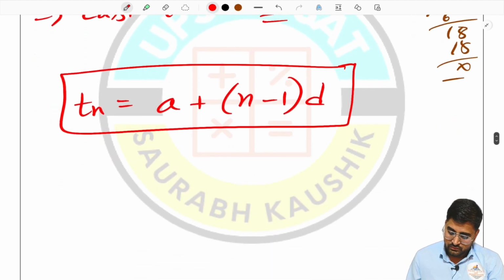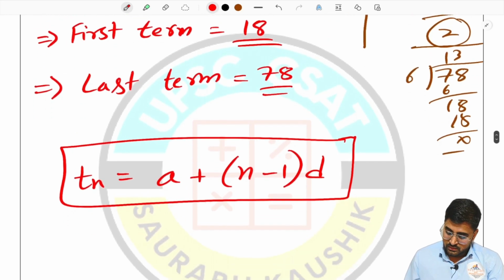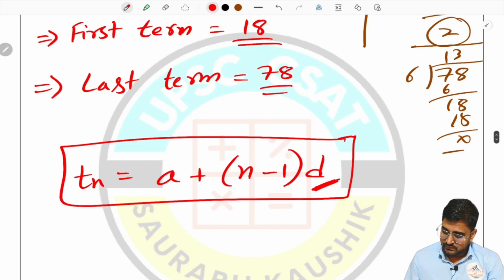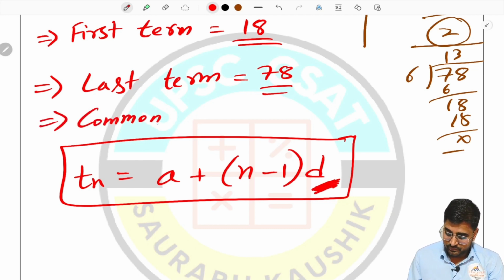Now let's put these values in the equation itself. One thing is left, that is the common difference. What is the common difference here?